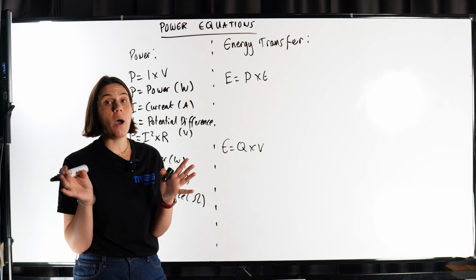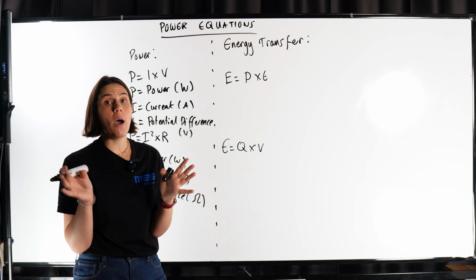Now, if we've got an electronic device, we can measure the amount of energy transferred if we know how much charge has been transferred and we know the potential difference of the device. So if we're given energy, power, or time, we'd use this equation. If we're given energy, charge, or potential difference, we'd use this equation.